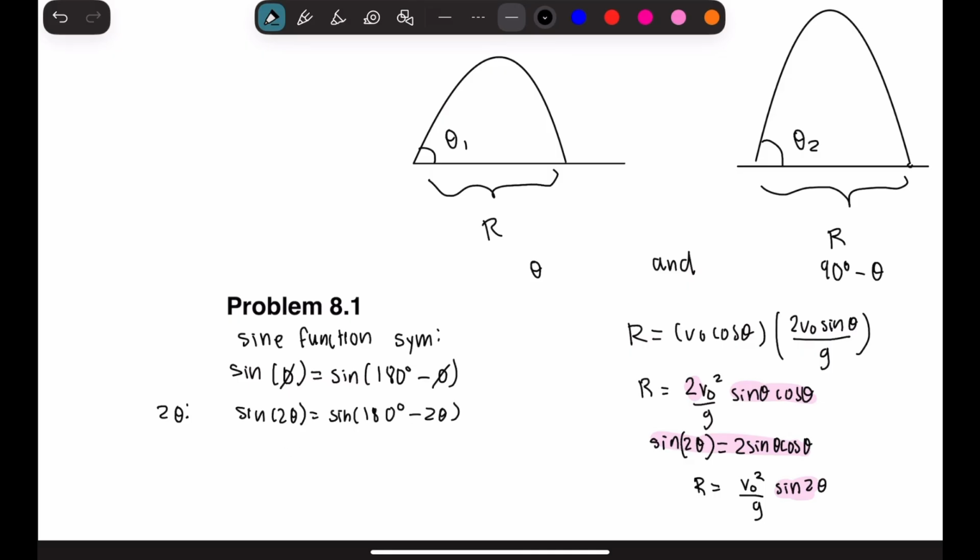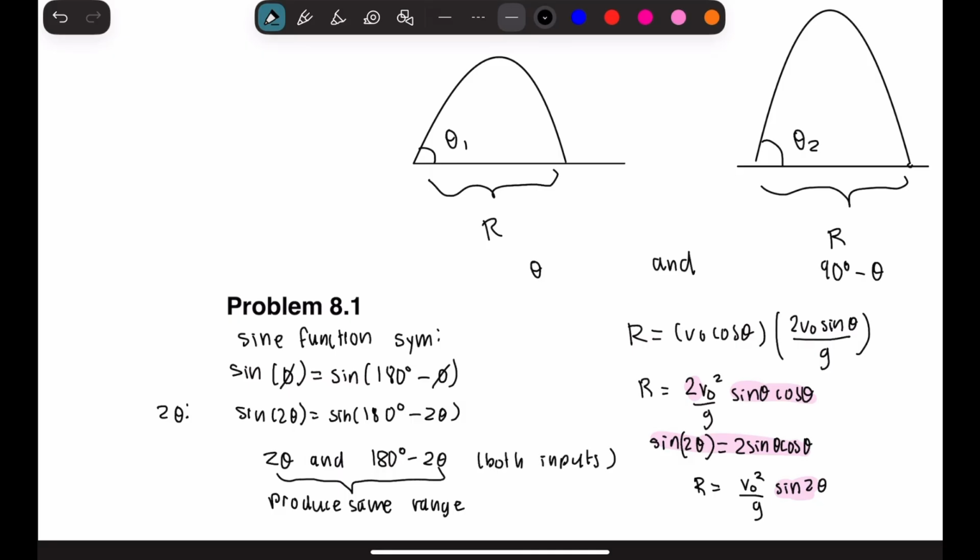So you have 2 theta and 180 minus 2 theta, and they're going to produce the same range, because they are both inputs to sine, and that will produce the same output.